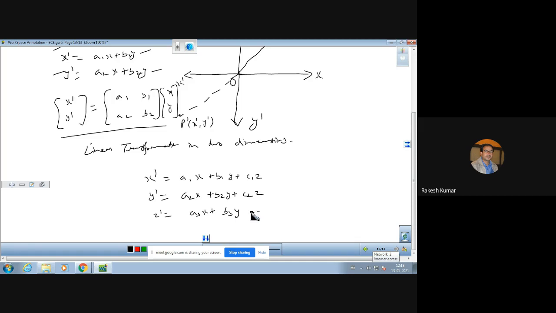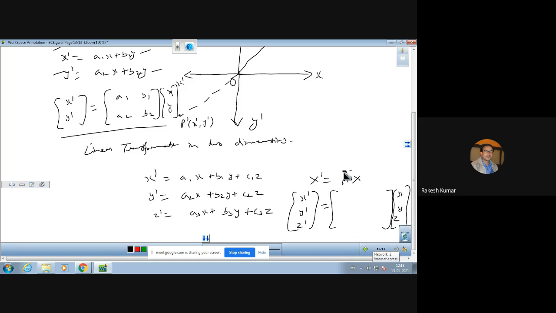This type of transformation can be expressed as x dash is equal to Ax. You know that x dash is a column matrix x dash, y dash, z dash, and the matrix x is x, y, and z.